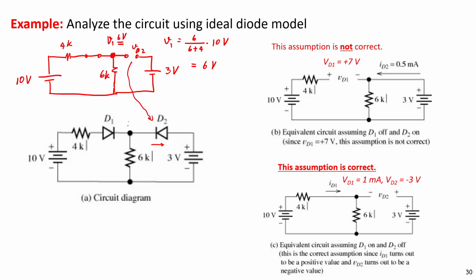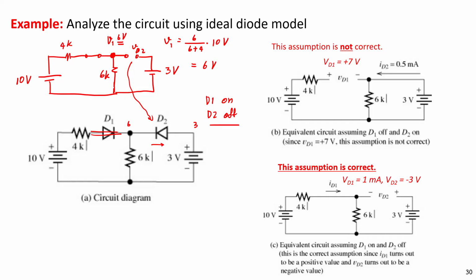It's 6 volt and this is 3 volt here. So the final solution is D1 on and D2 off, okay, for this circuit, and we get the voltage V1 of 6 volt over here.